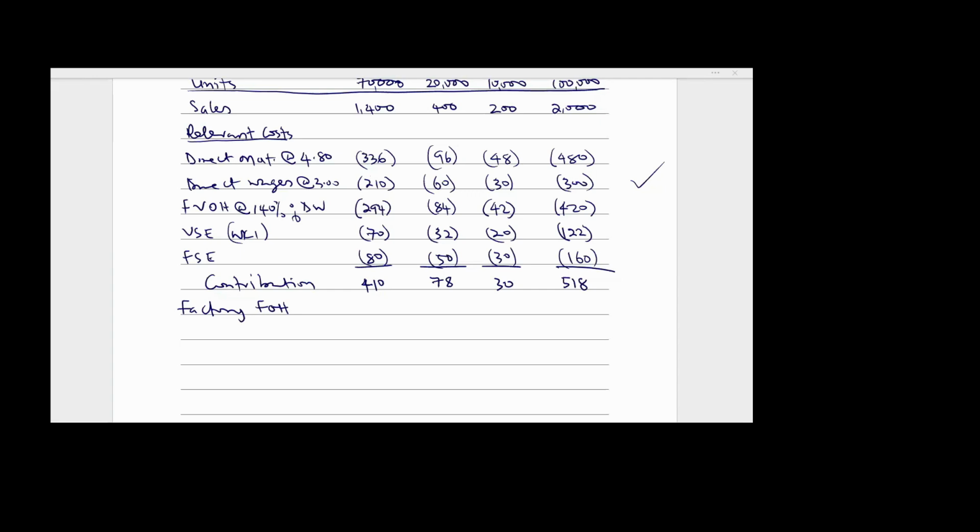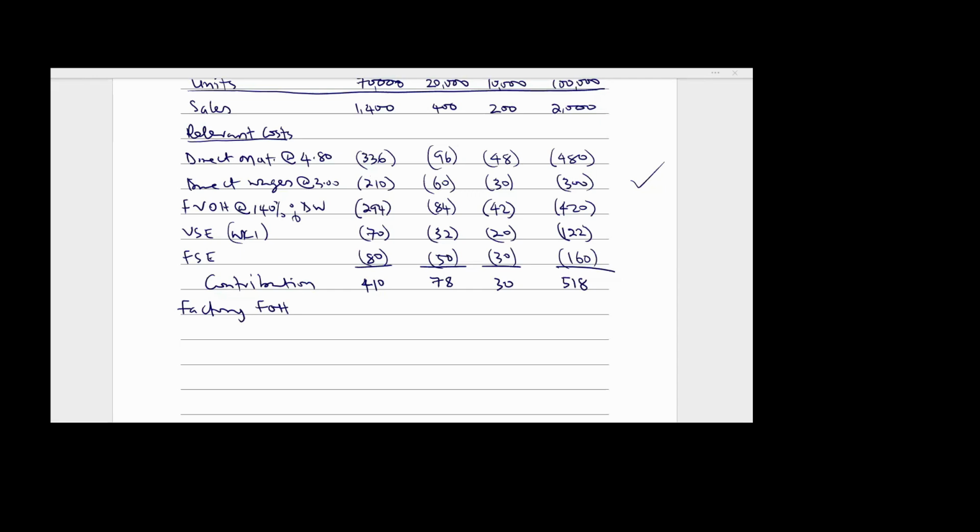And you are now told further that the sales are spread as follows: 70,000, 20,000, and 10,000 units for Lagos, Benin, and Kaduna respectively. So on that basis, you are going to use the number of units to apportion, or to distribute, the factory fixed overhead.